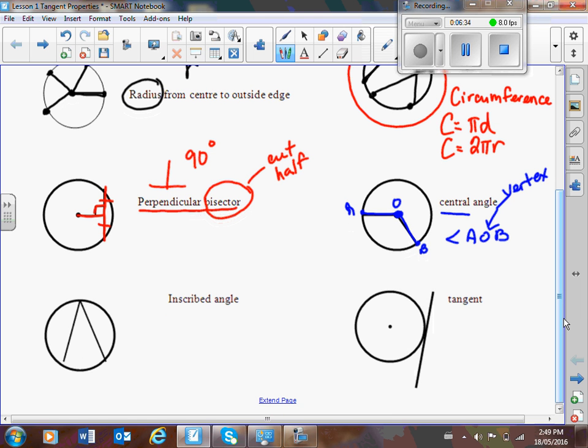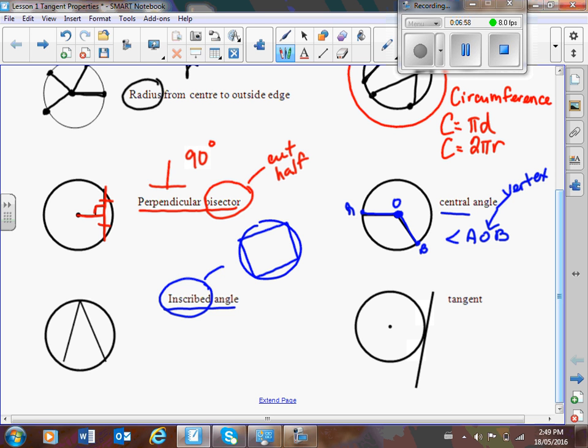A second type of angle that you're going to see is called the inscribed angle, and I would find this one's a little bit trickier, maybe because of the word inscribed. If you inscribe something, you're drawing it within the boundaries. For example, I could inscribe a square into this circle, or a rectangle, I guess, into this circle. I'm drawing it within the boundaries of that circle. That's inscribed.